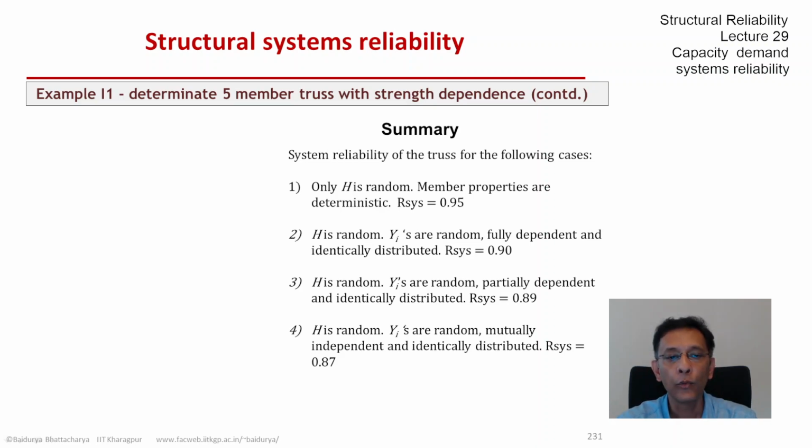When we allow partial dependence in the member strengths, then it further goes down to 0.89, and when they are fully independent, all the member strengths that is, then we have the lowest system reliability of 0.87.